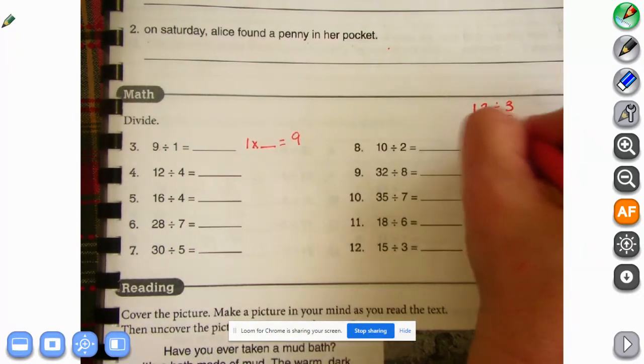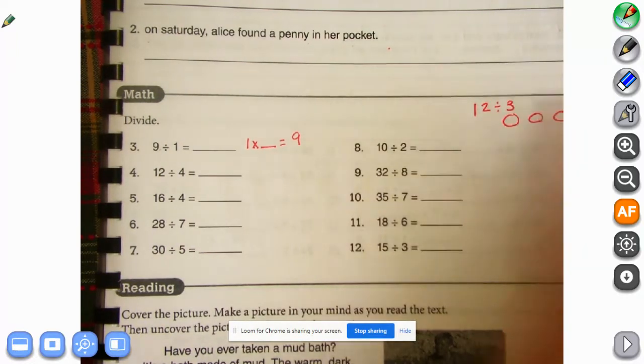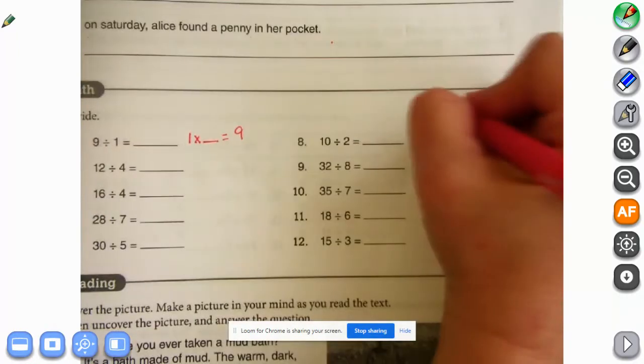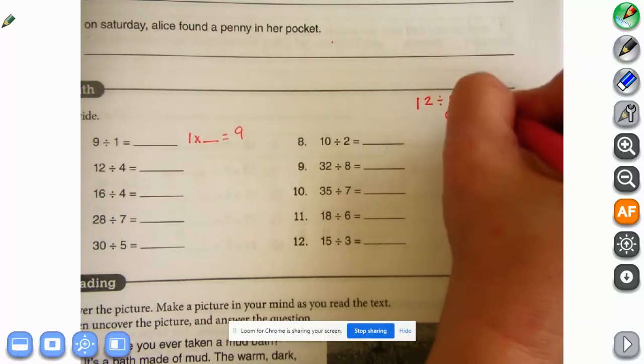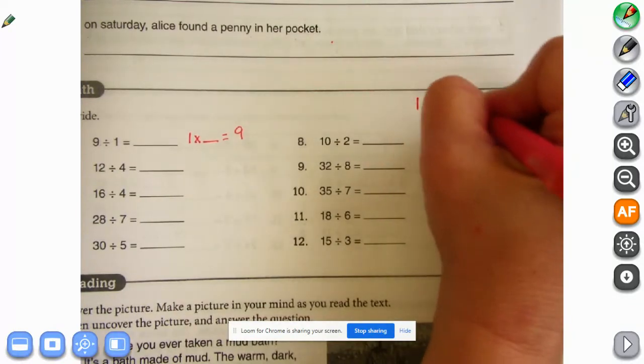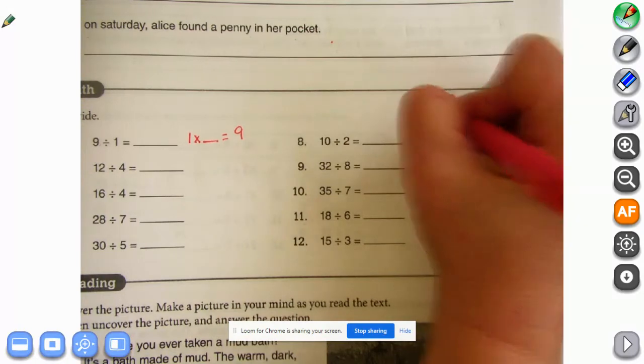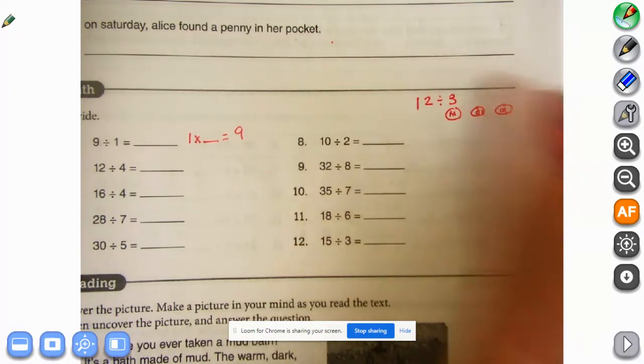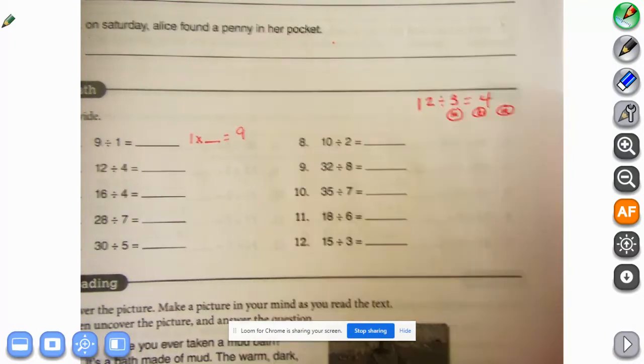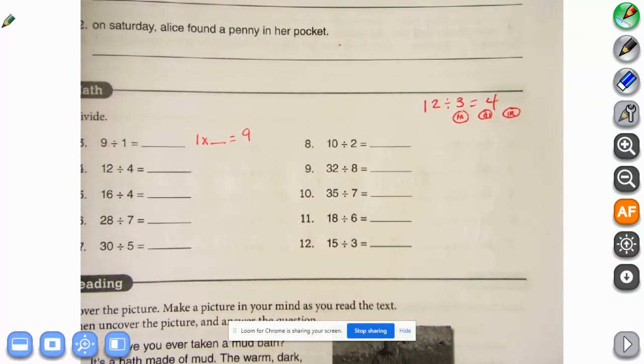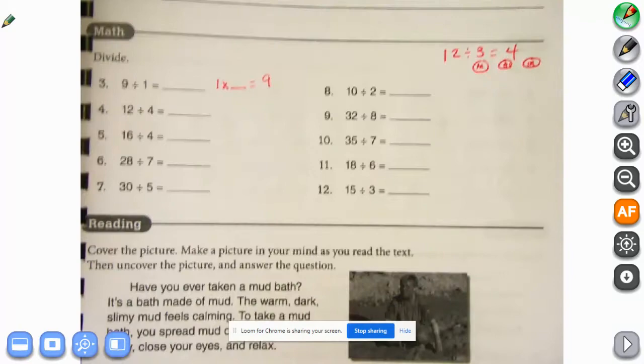I can make 3 circles, and I can pass out 1 to each one until I get to 12. 1, 2, 3, 4, 5, 6, 7, 8, 9, 10, 11, 12. Oh, so I get 4. Okay, so do that for each one.